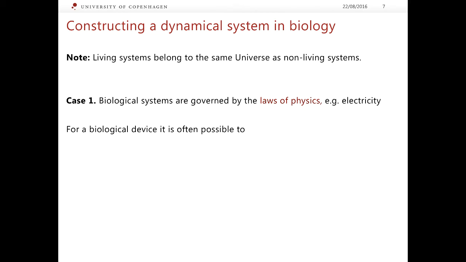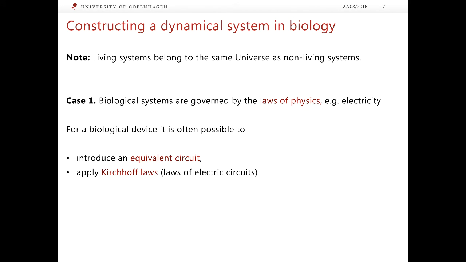In neuron cells, there are electrical charges, there are electrical currents through the cell membrane, and there are voltages across the cell membrane. This means that very often, for a biological device, it is possible to introduce an equivalent circuit combining equivalent electrical resistances, conductances, capacitances, and perhaps some more complex elements, maybe nonlinear elements.